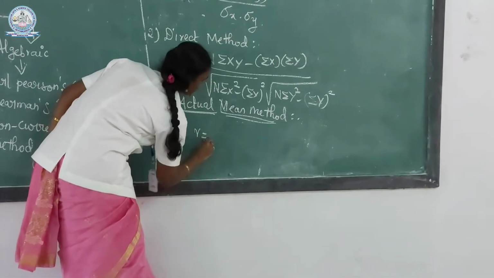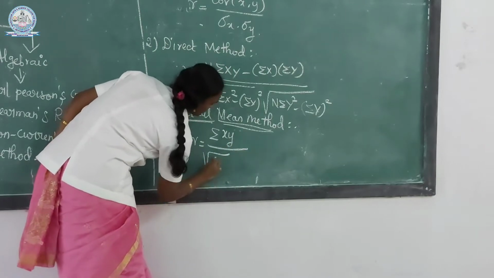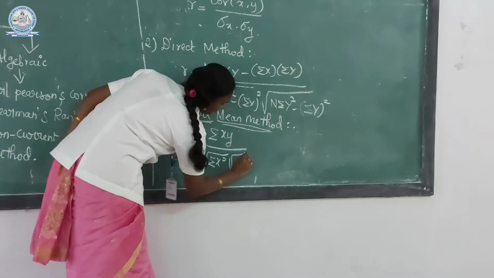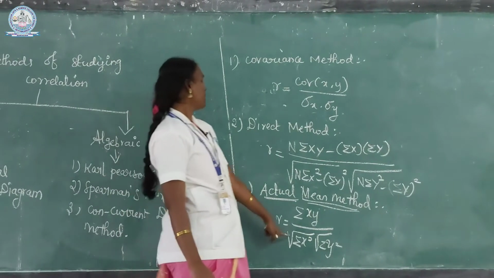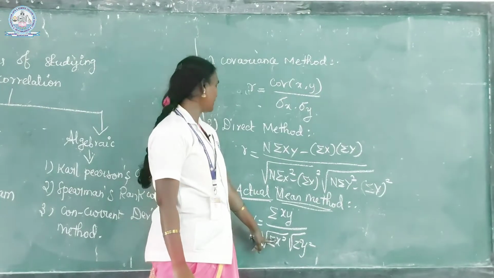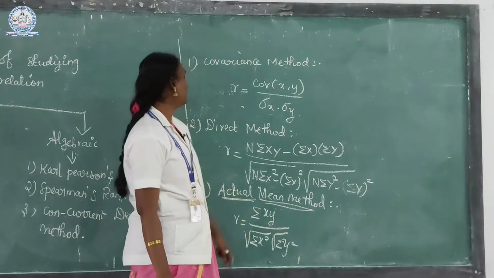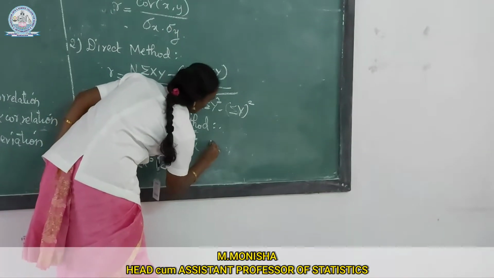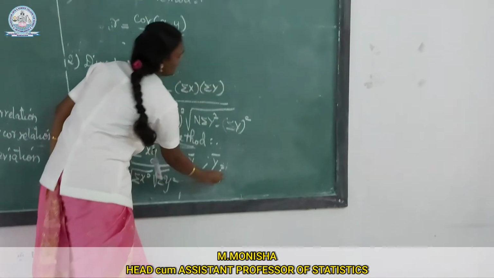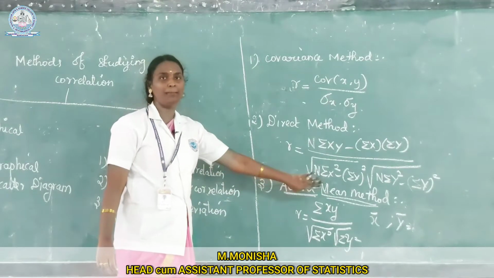The formula for the actual mean method is R equal to summation small xy divided by square root of summation small x square into square root of summation small y square. In this method, the values of x bar and y bar are whole numbers, so we use it only for the actual mean method.